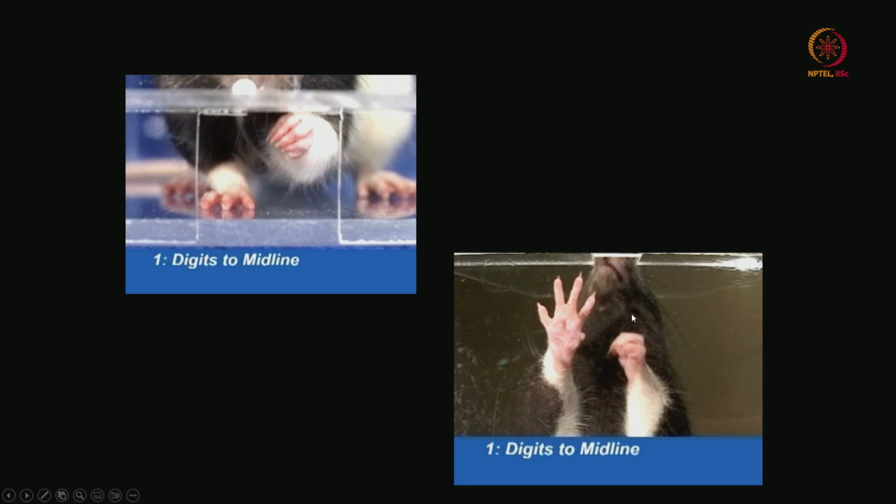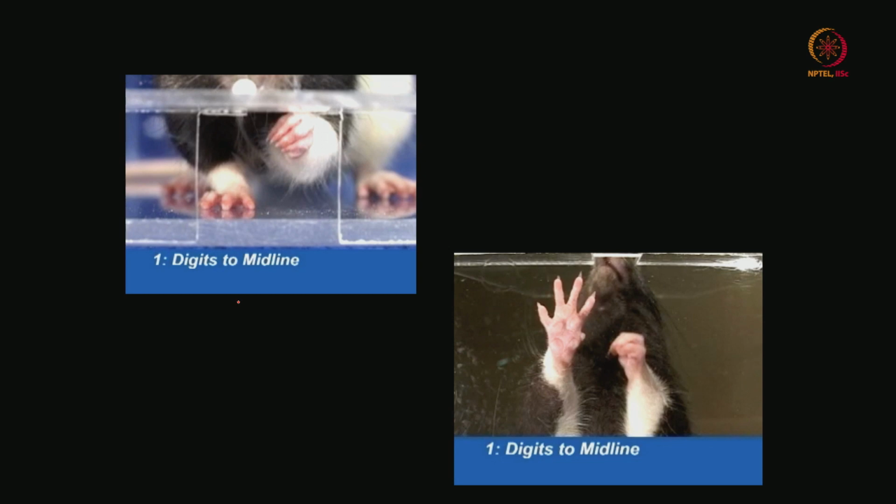So there are some views where the side camera is going to be very beneficial, and the camera shot from below, I mean this is the snapshot from below which is very important, and you need to have some sort of a reference midline. So you are trying to see whether the digit has been brought to the midline.